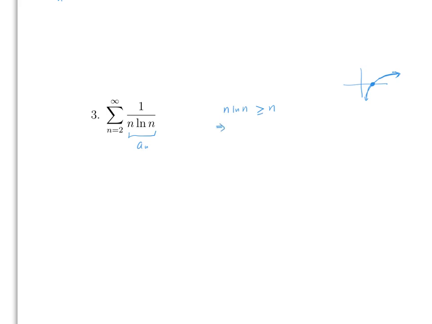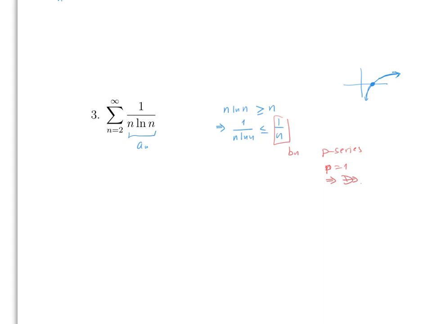So therefore, this implies that 1 over n ln n is less than or equal to 1 over n, just like the previous two examples. And we're going to select this to be bn, which is a p-series where p is equal to 1, so therefore this will be divergent.